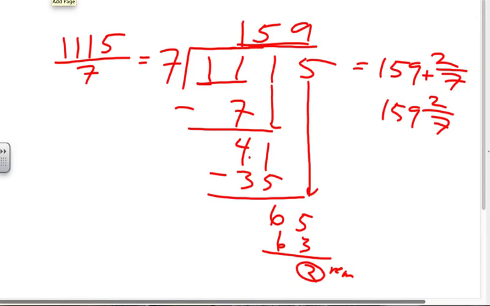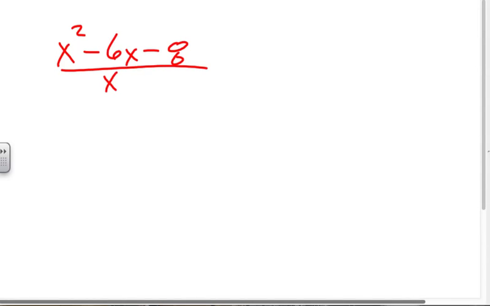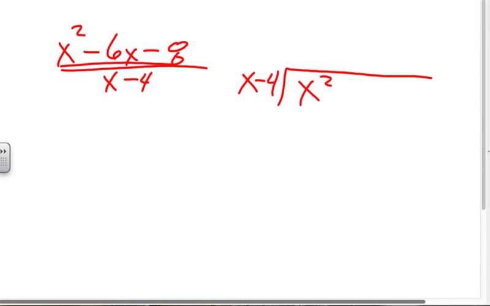Okay, we're going to do the exact same thing, but with polynomials. This looks scary, but it's the exact same kind of idea. So x squared minus 6x minus 8 over x minus 4. We rewrite this and do long division on this one. I'll have x minus 4, and then inside I put x squared minus 6x minus 8.